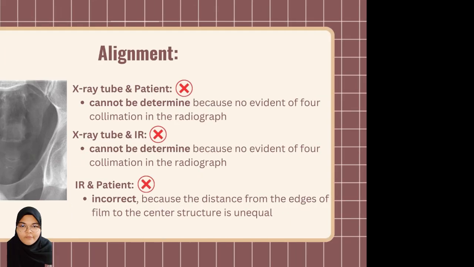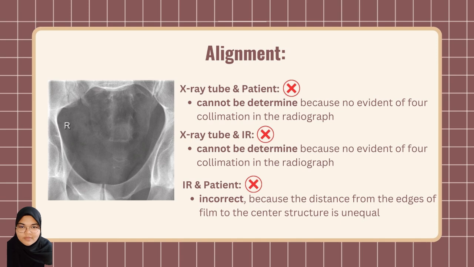The alignment between X-ray tube and the patient cannot be determined because there is no evidence of collimation in the radiograph. Same for the alignment between X-ray tube and the IR, it also cannot be determined because there is no evidence of collimation in the radiograph. The alignment between IR and patient is incorrect because the distance from the edge of film to the center of structure is unequal.